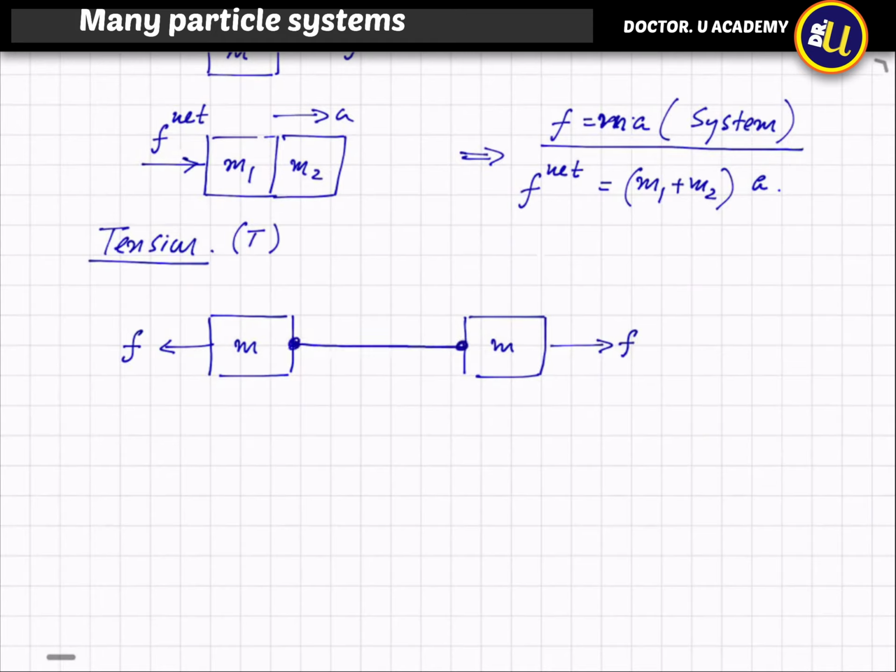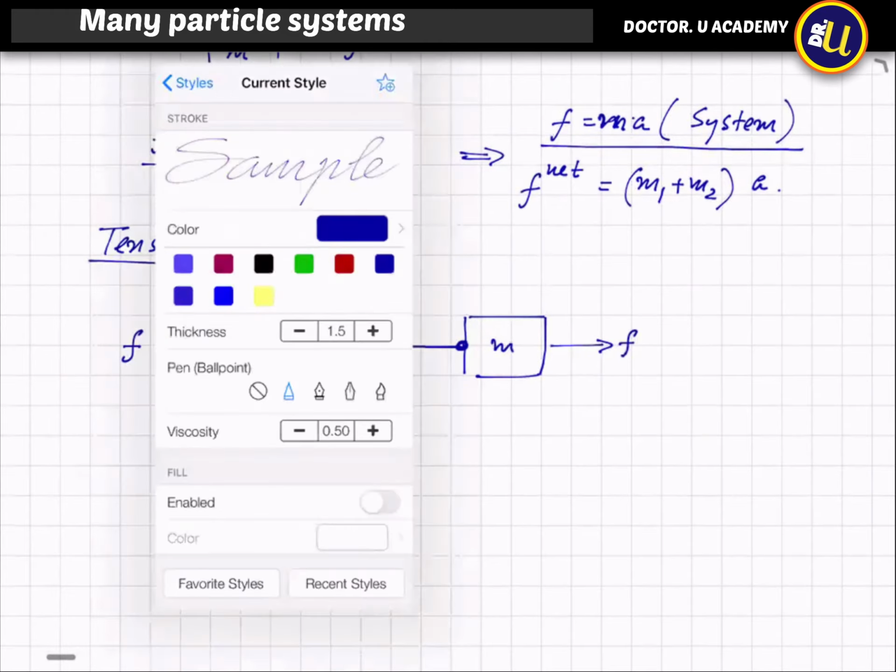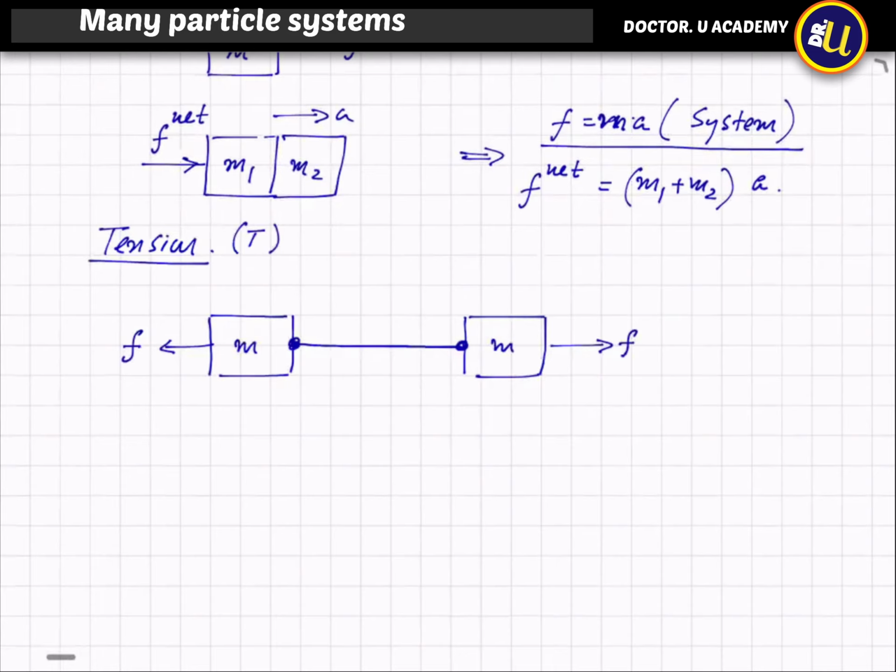We call it an unstretched string. This string is not going to stretch, so the length of the string is going to hold constant.